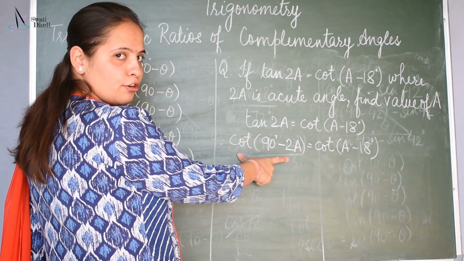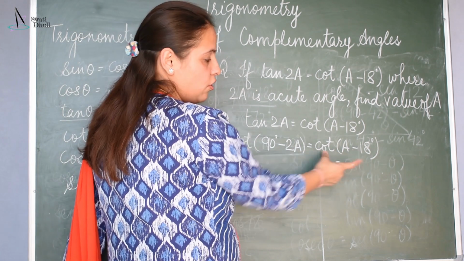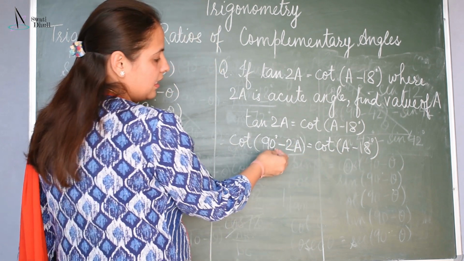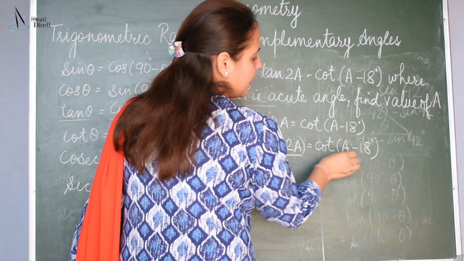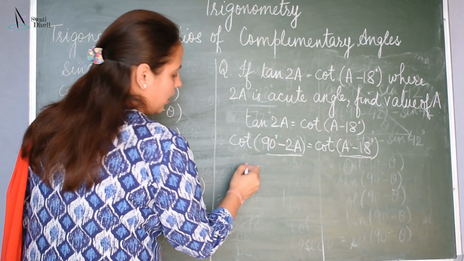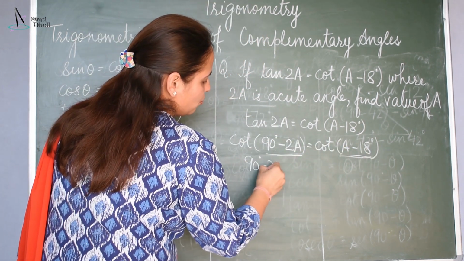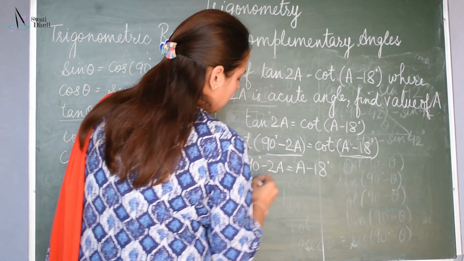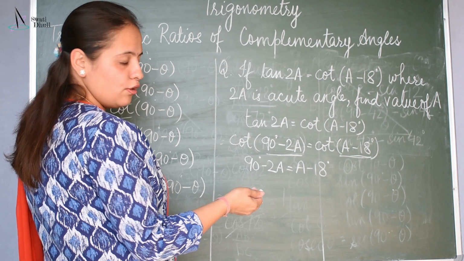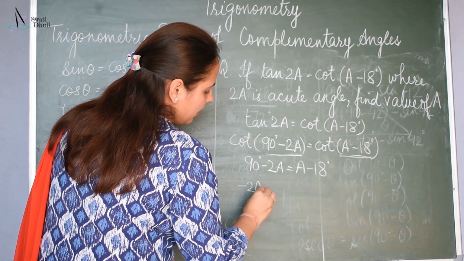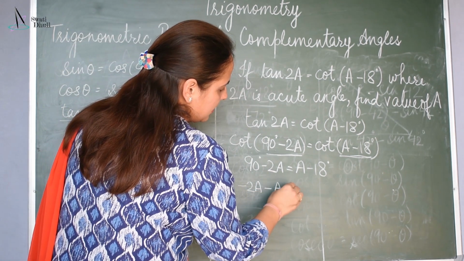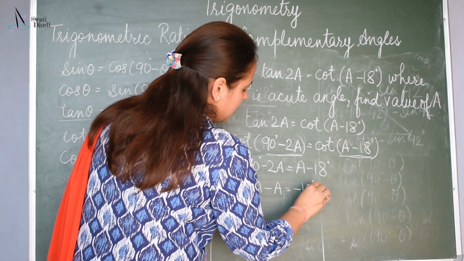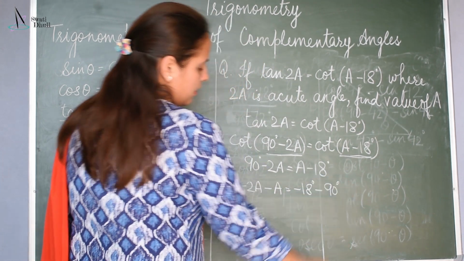Now this is a function of cot. This is also a function of cot. So I can make this and this angle equal. So 90 minus 2a is equal to a minus 18 degree. So I need to find the value of a. So minus 2a minus a is equal to minus 18 degree minus 90 degree.